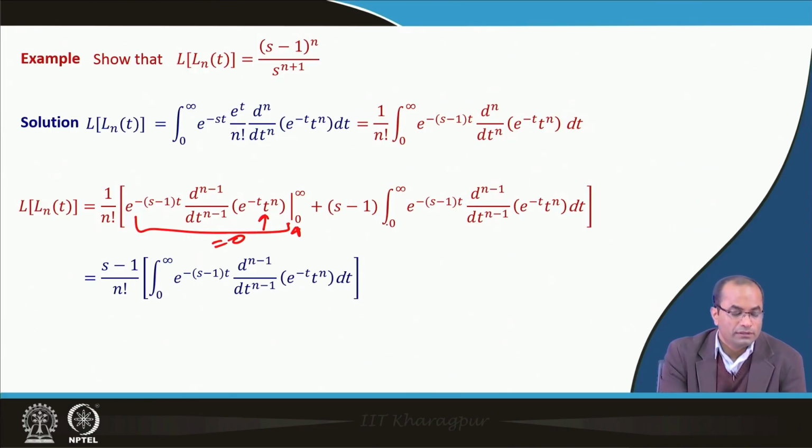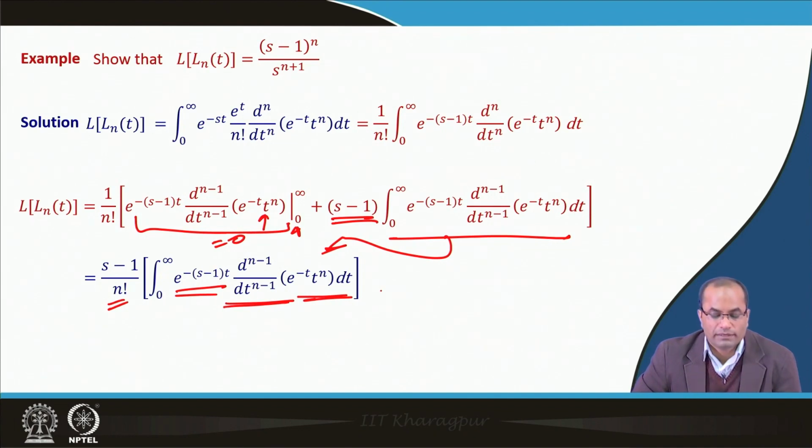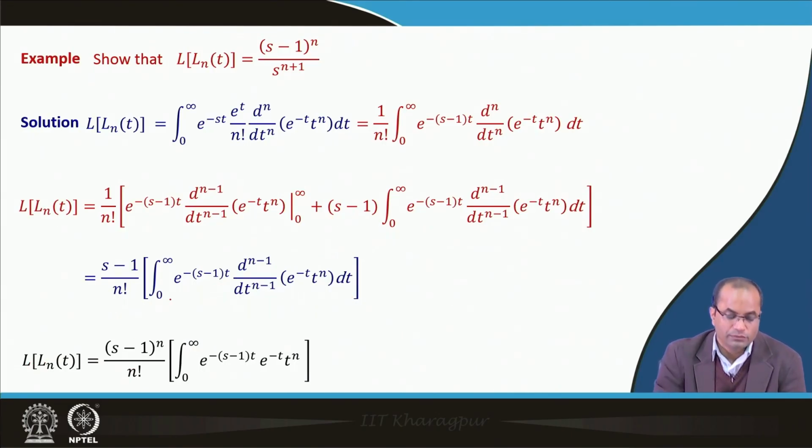So, we will remain with (s - 1) over n!, and then the integral from 0 to infinity of e^(-(s-1)t) times the (n-1)th order derivative of e^(-t) t^n dt. Now, we have to continue this process of integrating.